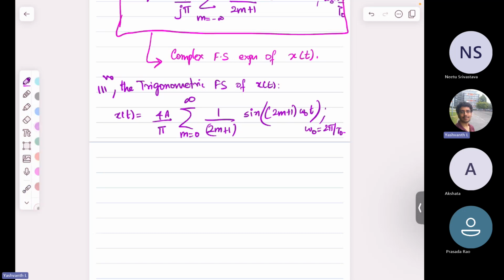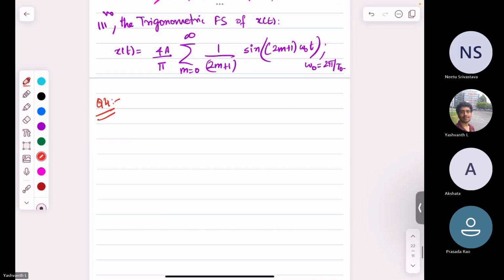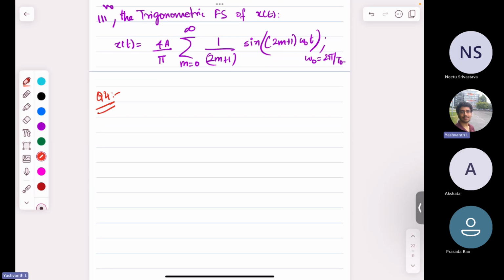The fourth question is as follows. Let me solve this question.